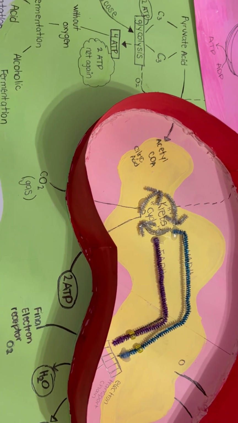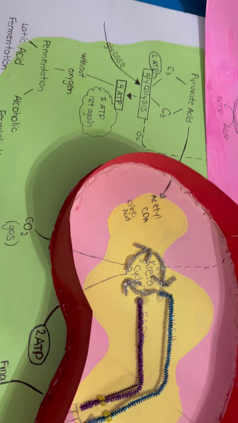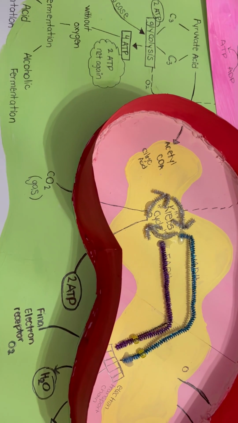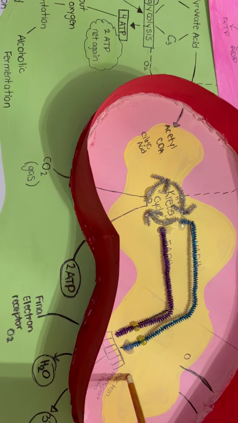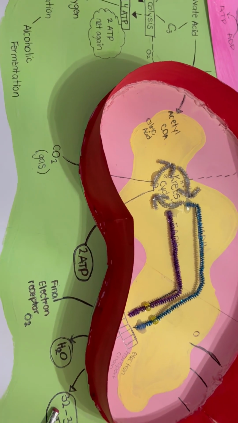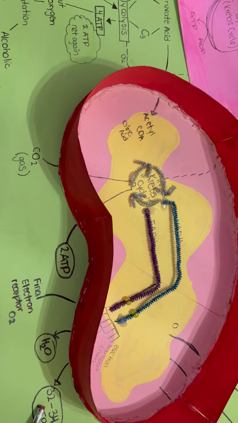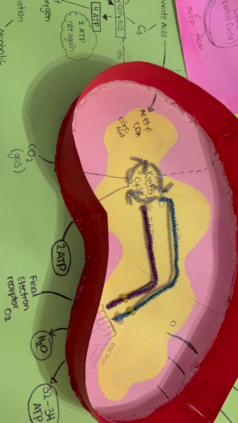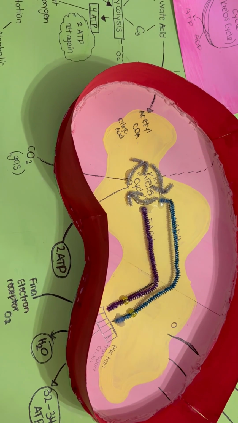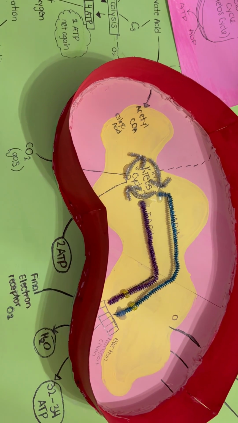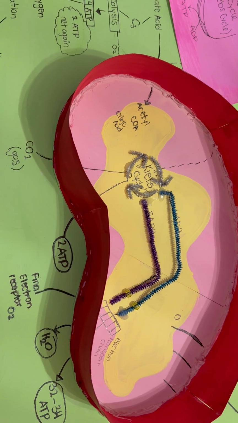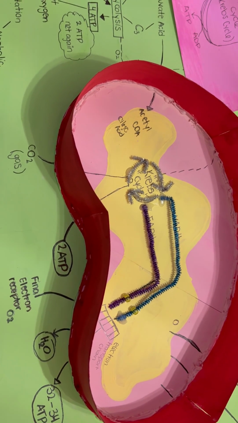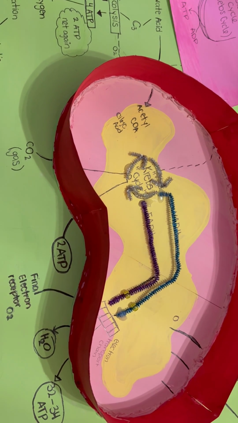These energy carriers, NADH and FADH2, move on to the electron transport chain, where they help produce up to 34 ATP. And then the molecule undergoes more changes to be turned back into oxaloacetate. And on the way, more NAD+ and FAD are turned into NADH and FADH2.